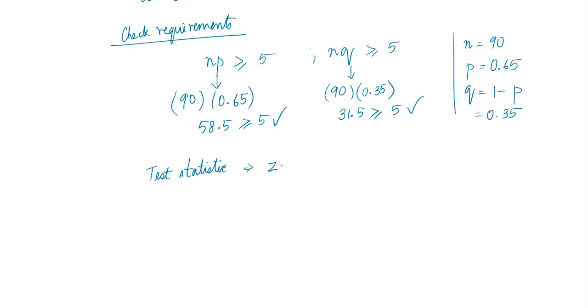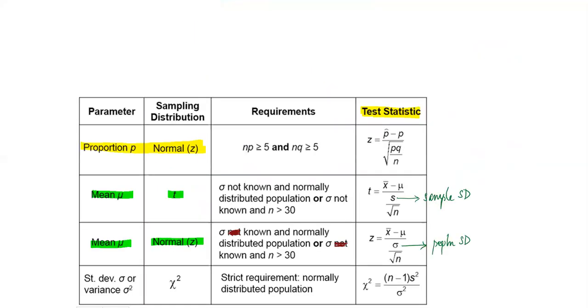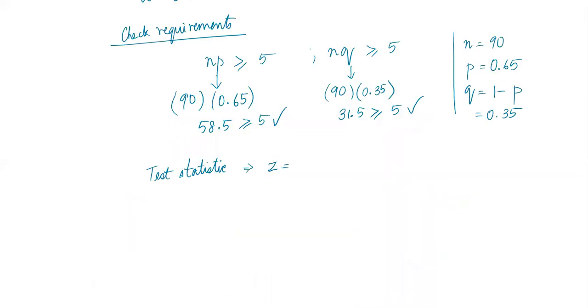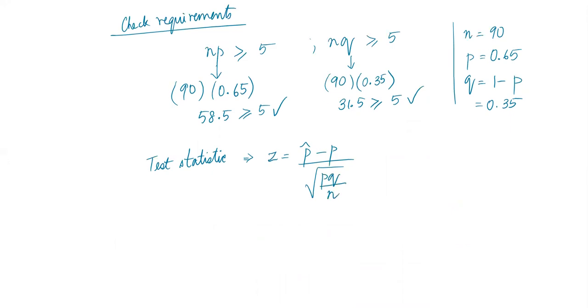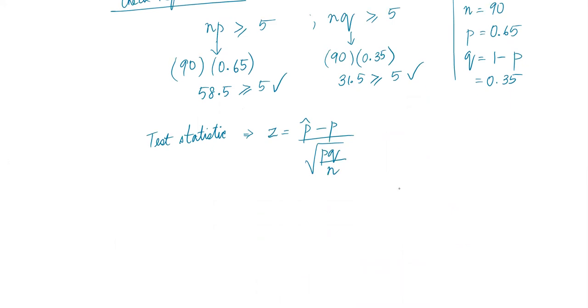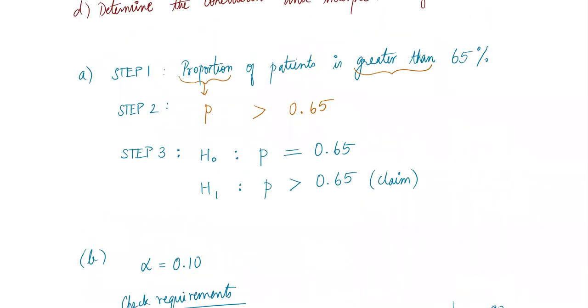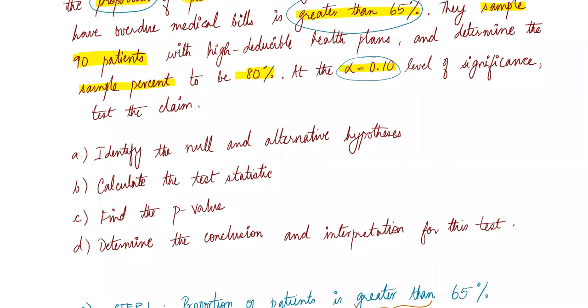It will be Z. Come back here. Z is P hat minus P over square root of PQ over N. Okay. And come back here and see what P hat is, because we have all the others. P hat is what they gave us. P hat is given to be 80%, sample proportion is P hat.